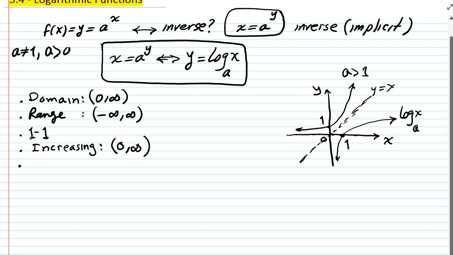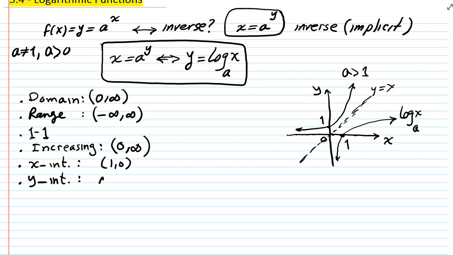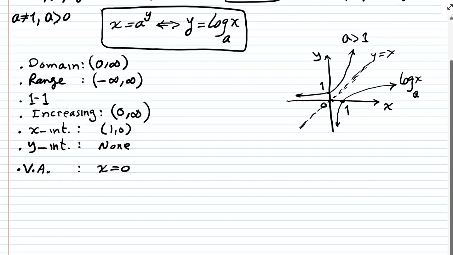What about the x and y intercepts? The x-intercept this time is going to be at (1, 0). There is no y-intercept. And there's actually a vertical asymptote of the graph of the function. The vertical asymptote is going to be the y-axis, so it's the line x equals 0. Those are the key highlights of the logarithmic function.